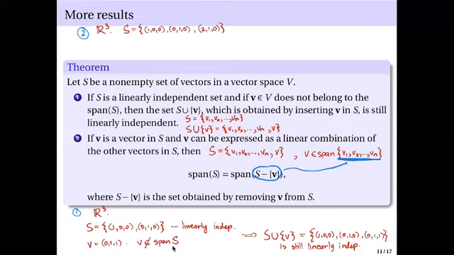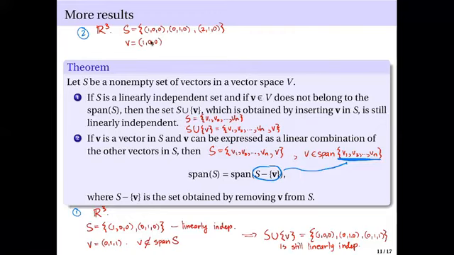Okay? Let's use V to be 1, 0, 0. So we have the set S. We take this as our V, 1, 0, 0. Okay?